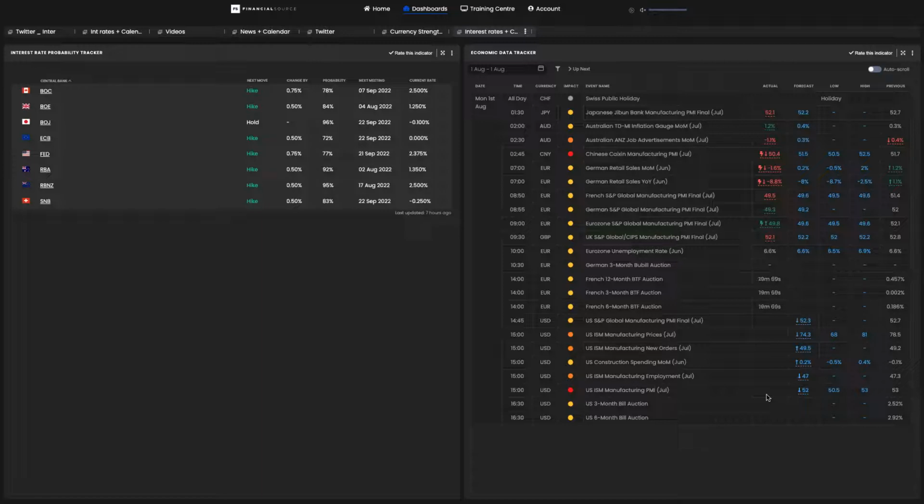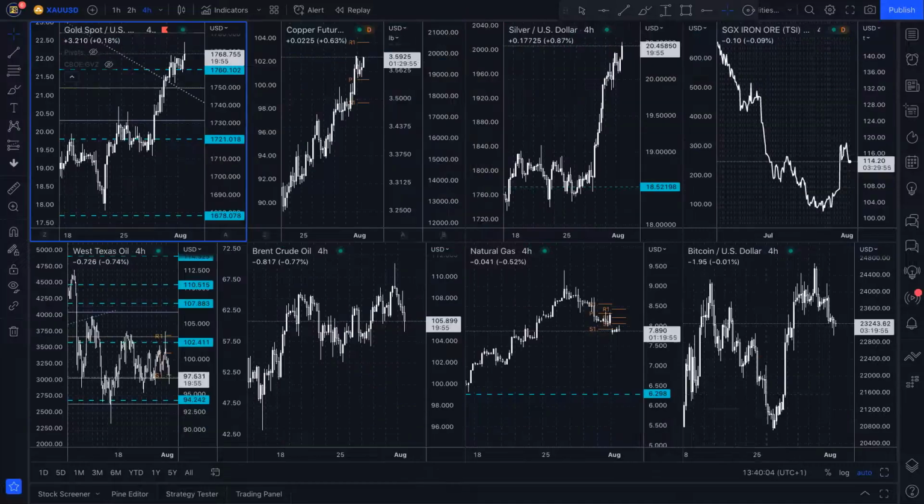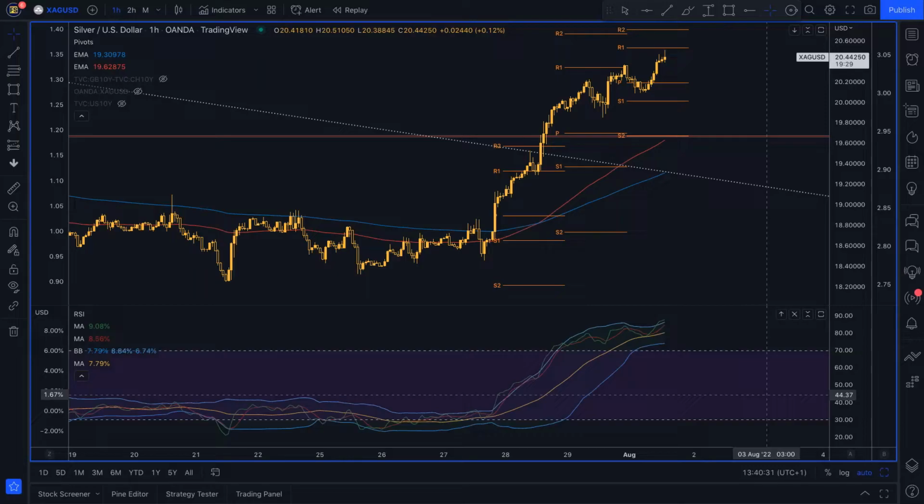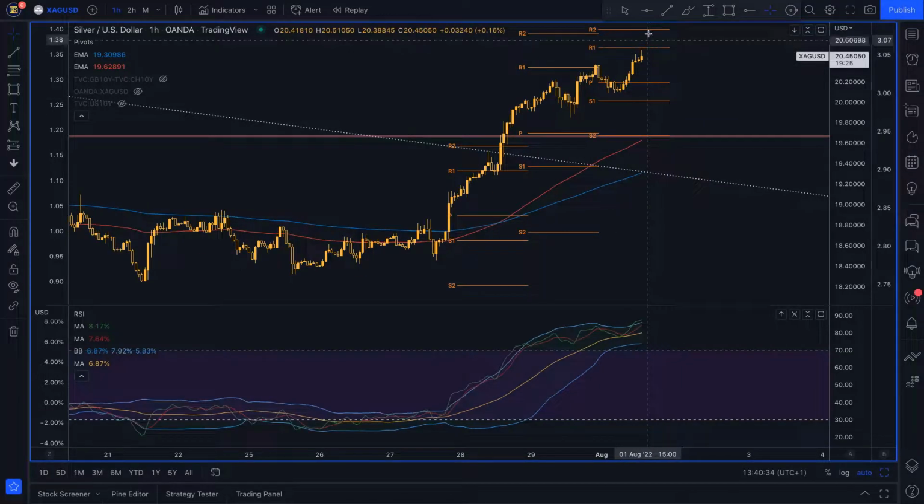So it means the Fed can be less aggressive, and that means the dollar weakness we've seen can continue. So we'd expect upside in silver, upside in gold. A very simple trade that could be taken is buying silver at market and taking profit just ahead of that R2 resistance level.